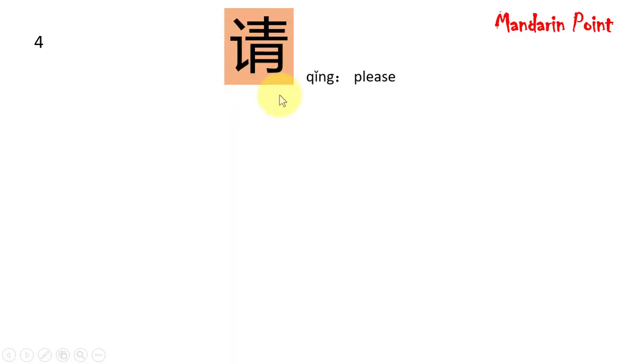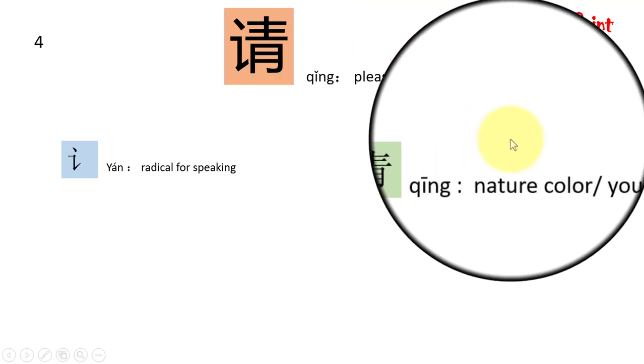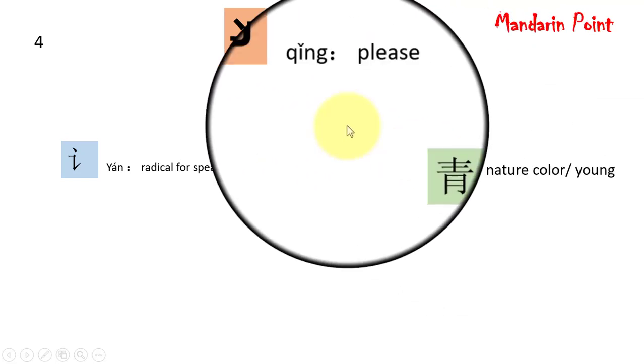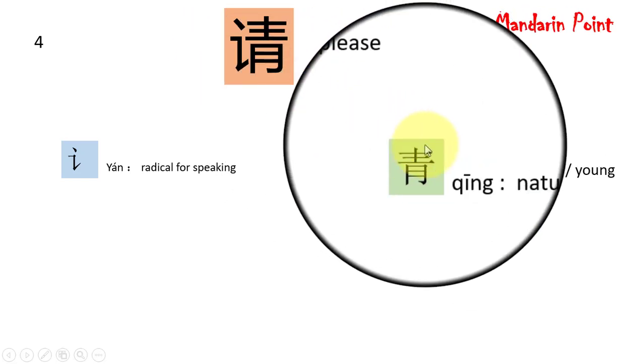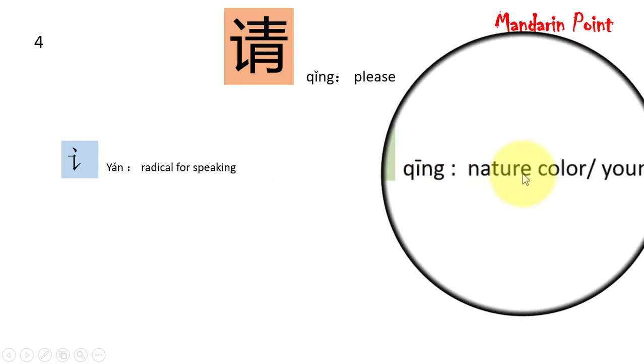Qing means please. Let's decompose this qing. On the left side of it we have this yan, which means the radical for speaking or speech, and on the right side we have this qing, first tone. You can notice this is third tone and this one is first tone, qing, which means natural color or young.